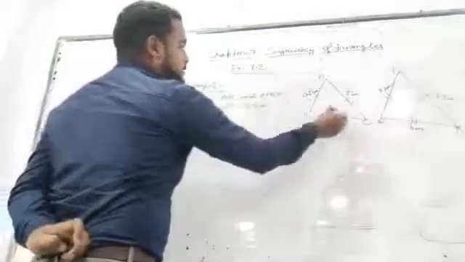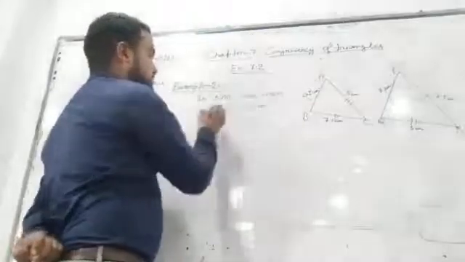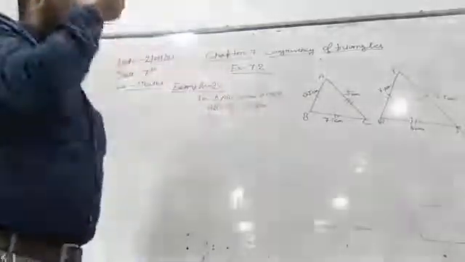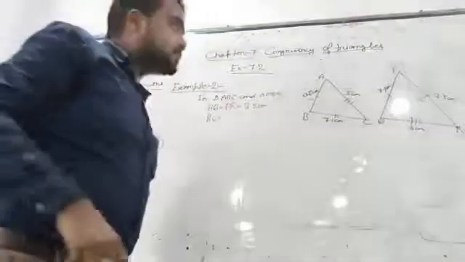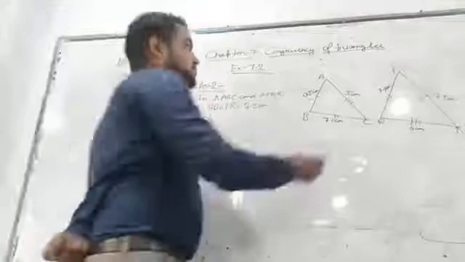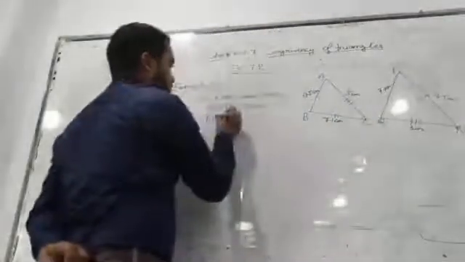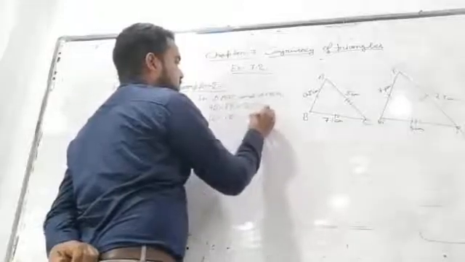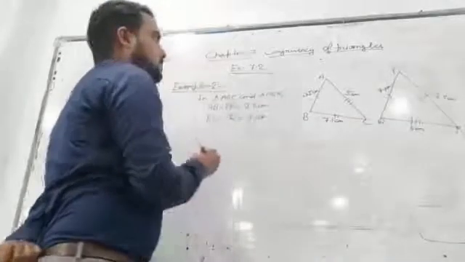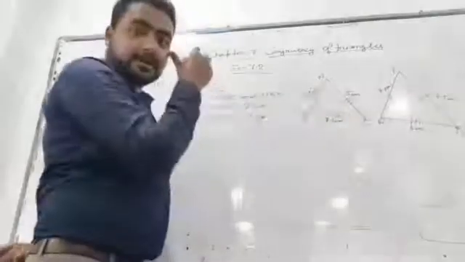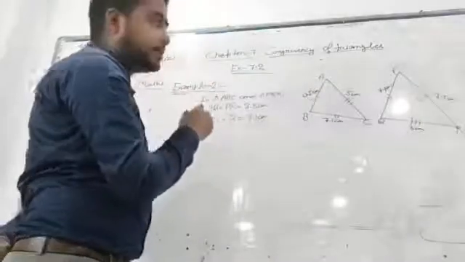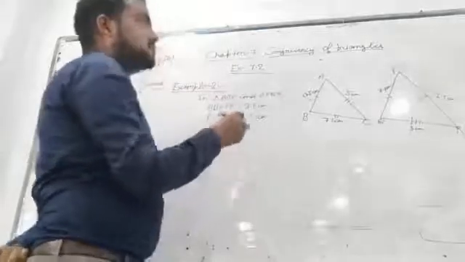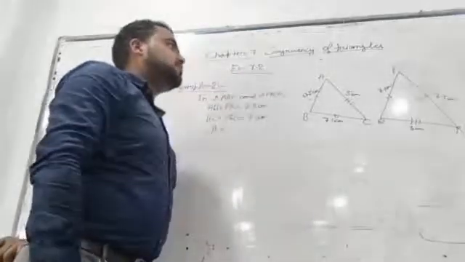Now, if we take side BC in triangle ABC, which side is equals to side BC in triangle PQR? Now we find here side PQ. Side PQ is equal to side BC, which is of 7.1 centimeter. And when we take side CA in triangle ABC, which side is equal to CA in triangle PQR?